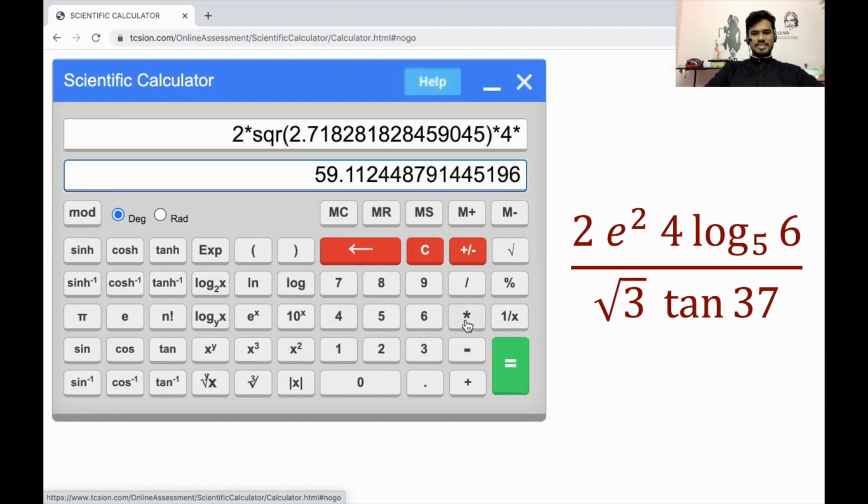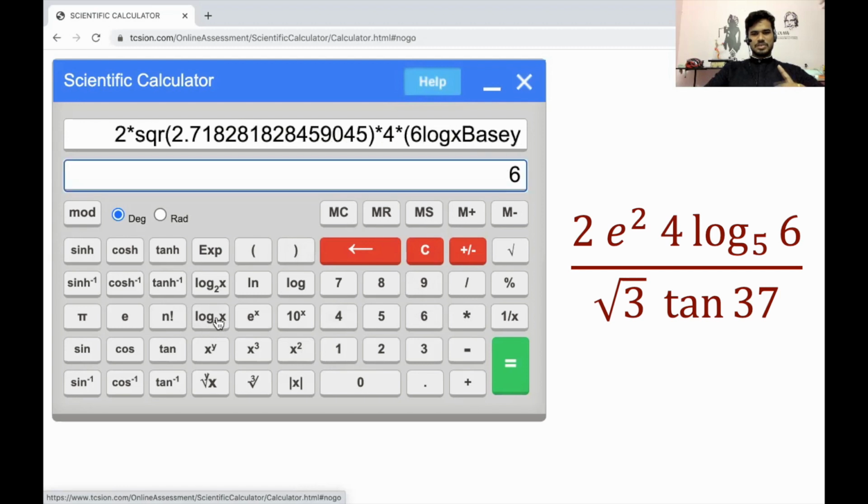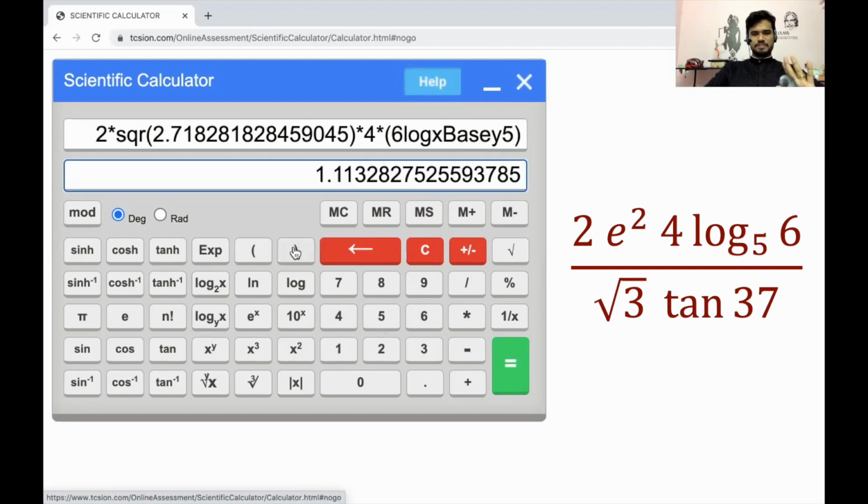Both should give you the correct answer. Okay, and then into, now see this log 6 to the base y, better open a bracket. Okay, 6, then log x to the base y, then specify the base. Okay, then close the bracket. Okay, then we have finished the numerator.